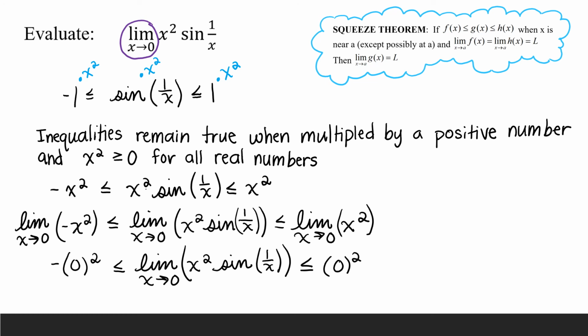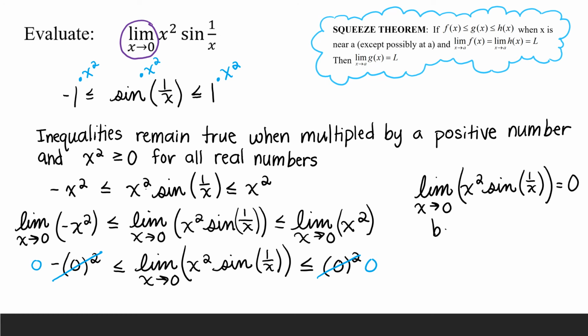Well, negative 0 squared is 0, and 0 squared is 0, which means that this limit is stuck between 0 and 0. It has to be greater than or equal to 0 and less than or equal to 0, which means it just has to be equal to 0. So the limit as x approaches 0 of x squared times sine of 1 over x is equal to 0 by Squeeze theorem.